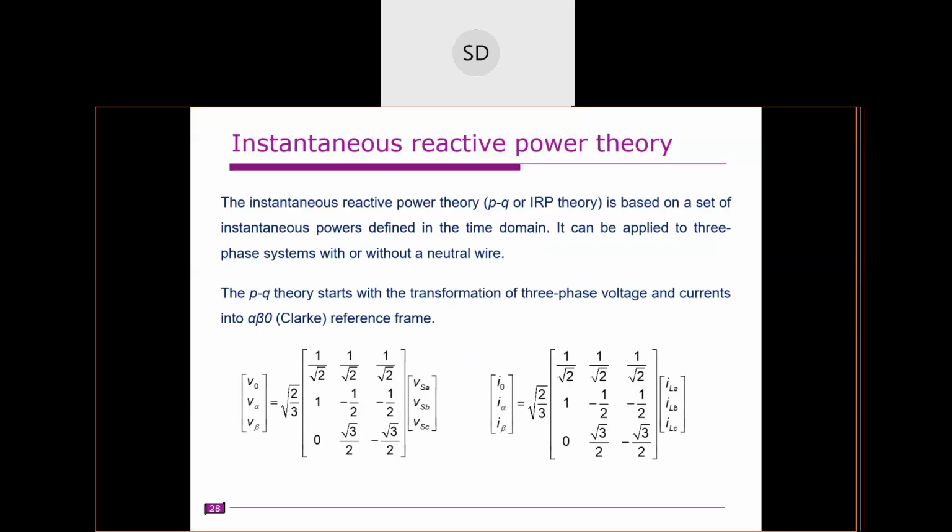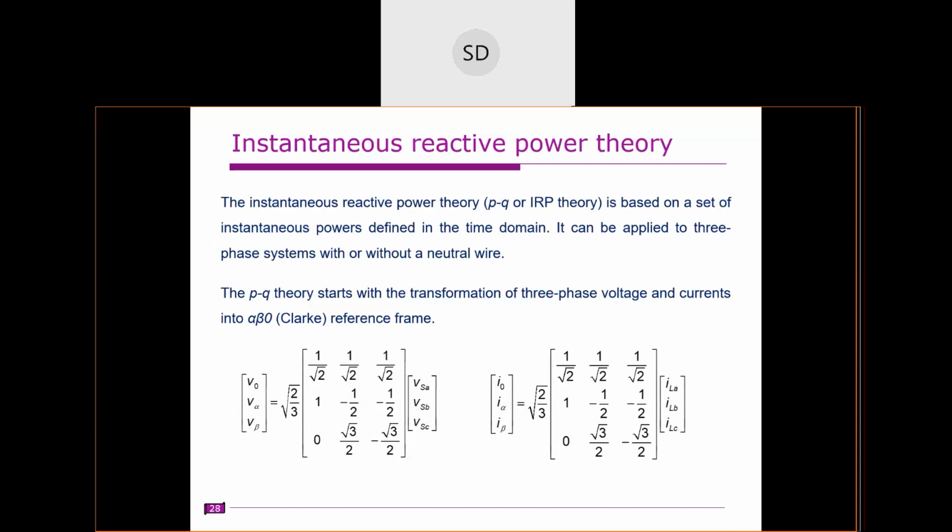right? And the main thing in DSTATCOM is to identify the reference current for the compensation of harmonics and reactive power. So for that, many methods are there. One of the commonly used methods is instantaneous reactive power theory, or PQ theory.